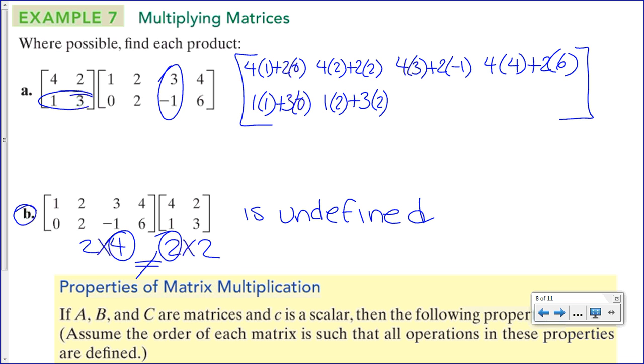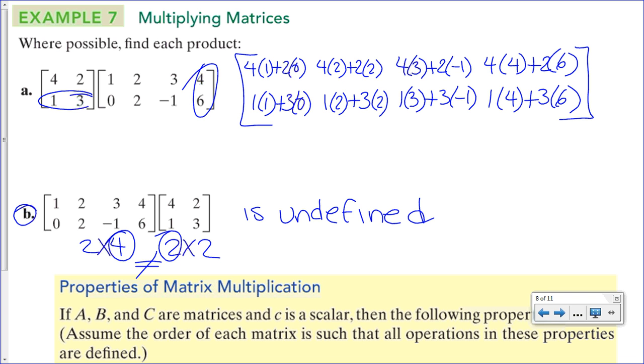Next will be second row, third column. And the last one will be second row, fourth column. Now we have some numbers multiplied by 0, so here those will be 0.